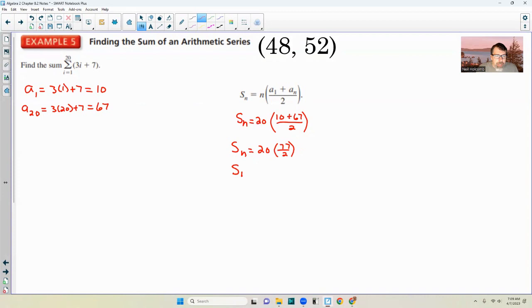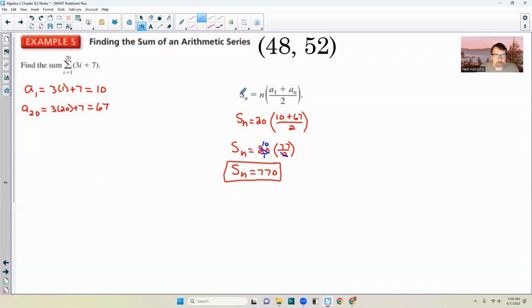Watch what I'm going to do here. 20, think of that as over 1. And this is a denominator, so 20 divided by 2 is 10. And 77 times 10 is 770. So the sum of this arithmetic series is 770.